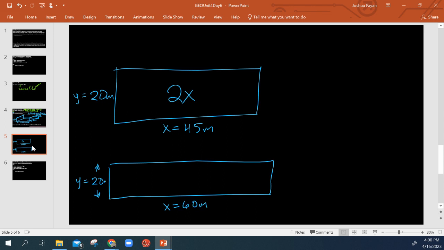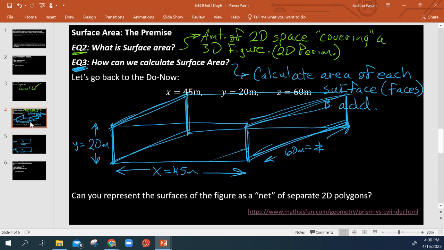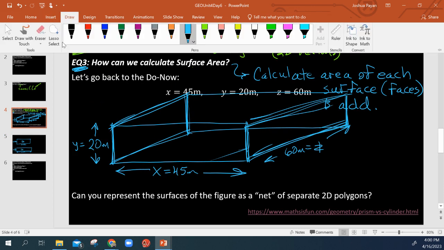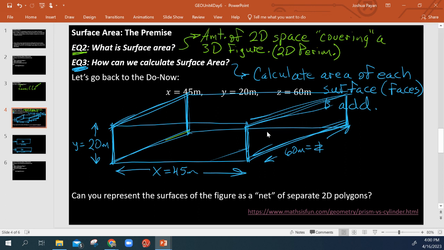Okay, so two surfaces that are 20 by 60, and these are in meters. So that's four surfaces now, but we also have to take into account, if we're talking about a building, right, which in the do now it is, the floor, right, and the ceiling.